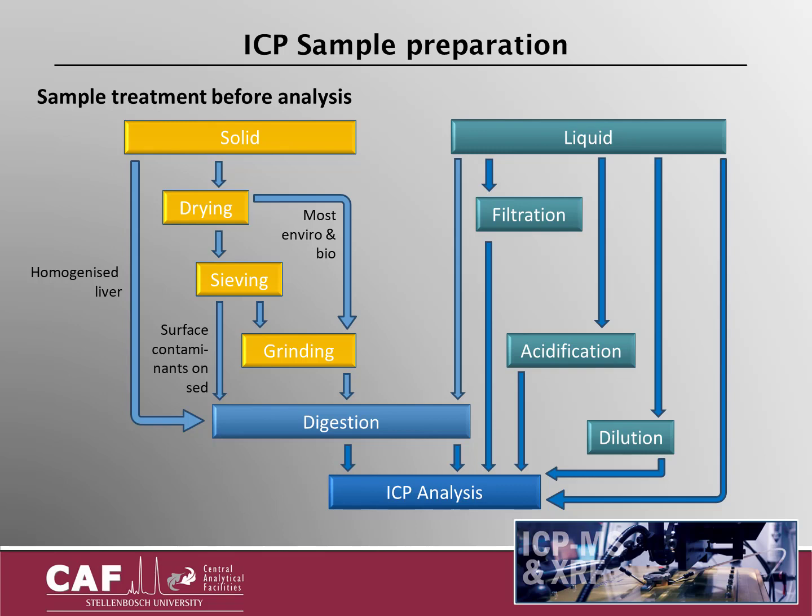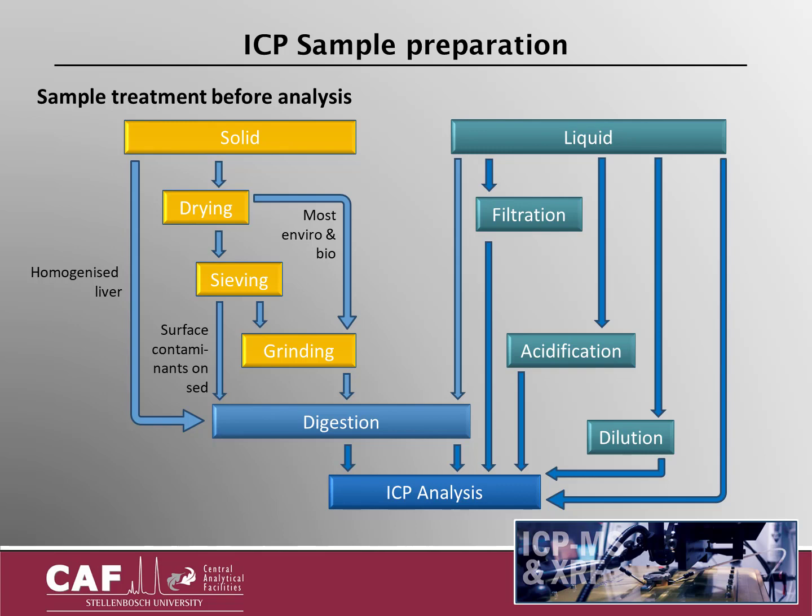So solid samples could either be directly digested, instead of undergoing any treatment like drying, sieving or grinding. This could be, for instance, if you have a biological material such as homogenized liver, it's going to be wet digested, so it doesn't need to undergo any of the different steps.